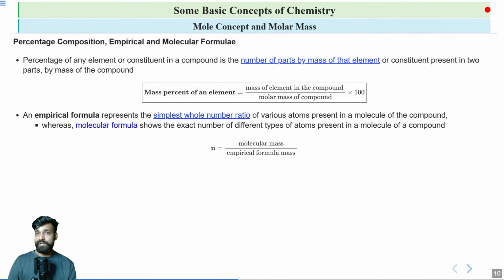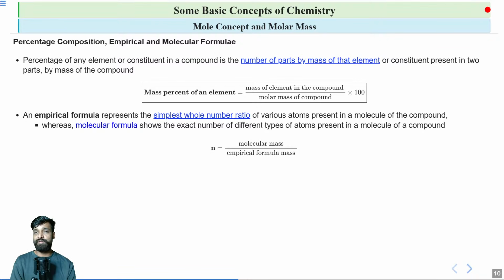Now if you calculate the empirical formula mass from this CH2O, what you will get? C gives you 12, H gives you 2 and O gives you 16. So 12 plus 16 will give you 28 and 28 plus 2 will give you 30. How am I calculating it? Again, first take the empirical formula.